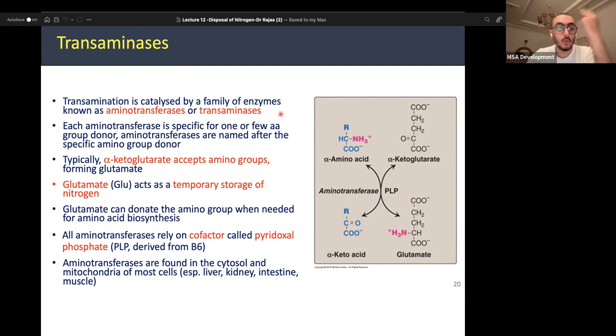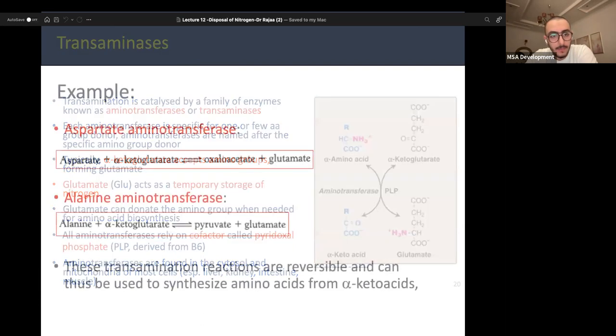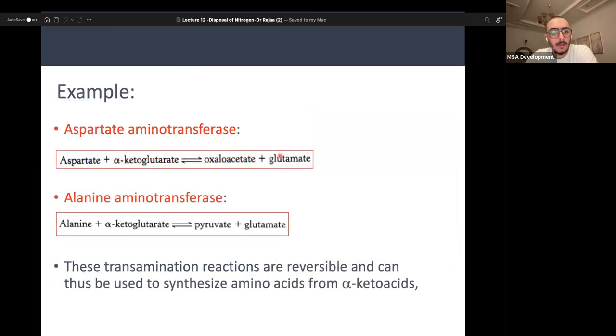One more thing you need to know, two very important things, and I think they will be asking you about it. Glutamate here, have you not noticed that glutamate is not changing in both? Let me go back to this other slide. Yes, glutamate here is the same glutamate.